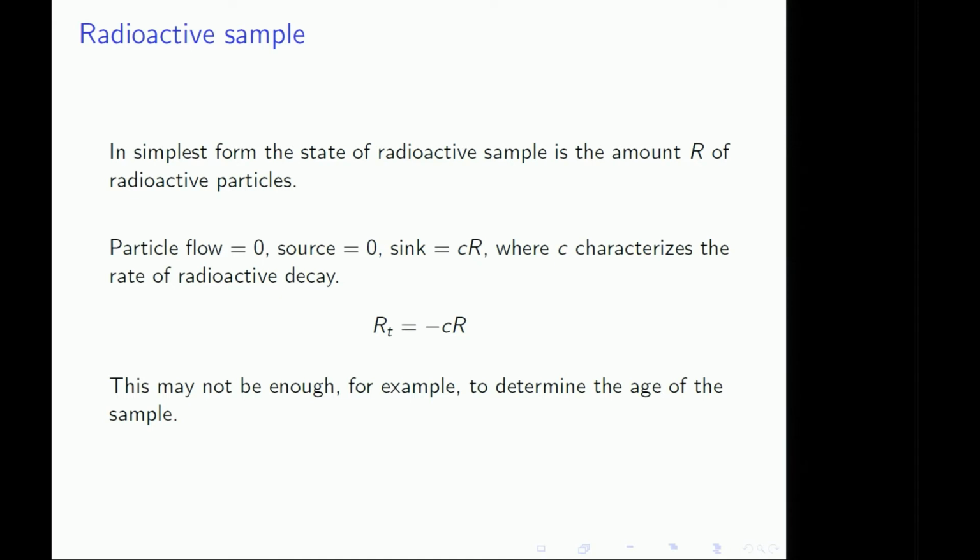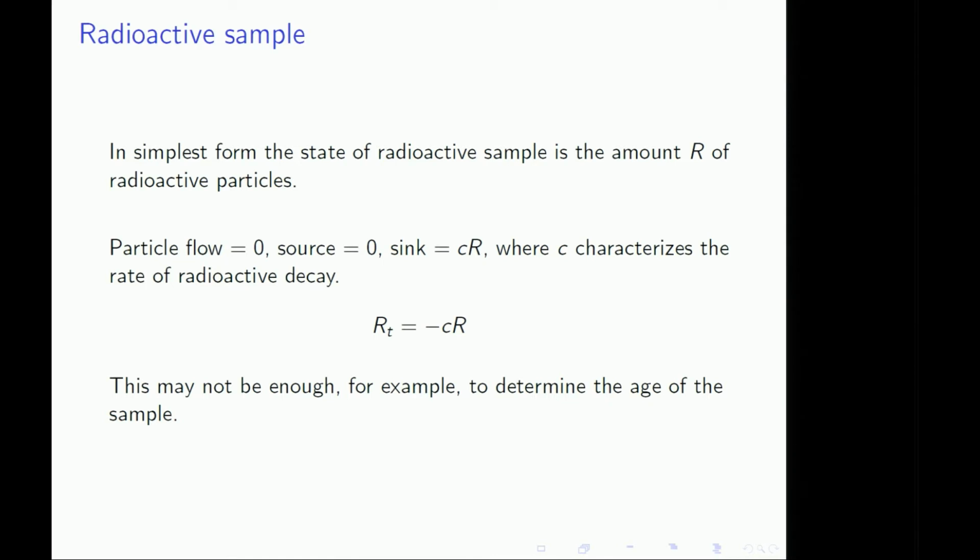The sink term is caused by radioactive decay. So the sink is proportional to the amount of radioactive particles in the system at a particular time. And the rate is the rate of radioactive decay.